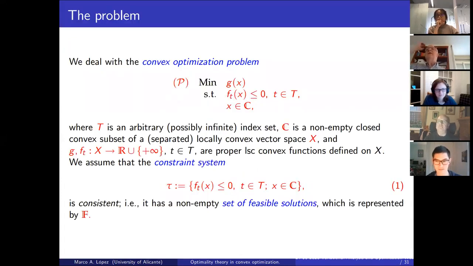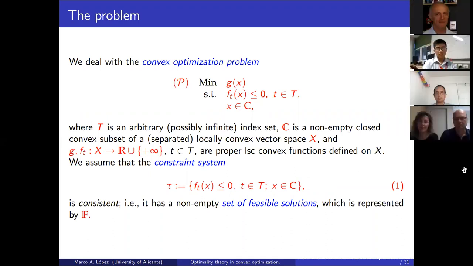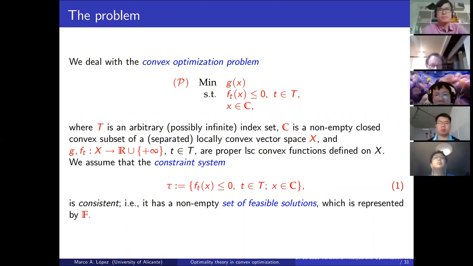Okay, this is the problem. I want to minimize a convex function, g of x, subject to infinitely many convex inequalities indexed by the small t's belonging to the index set, which is denoted by capital T, together with some abstract constraint expressing that x should belong to this closed, non-empty, of course, convex set in a Hausdorff locally convex vector space in general.